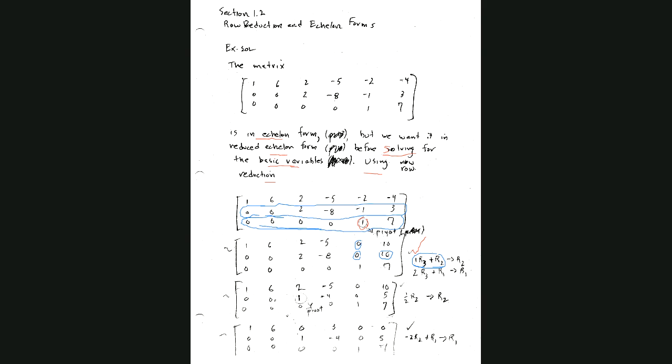So I'm taking the third equation, multiplying it by 2, and adding it to the first equation. And then that result replaces the first row. Okay. Are there any questions so far?